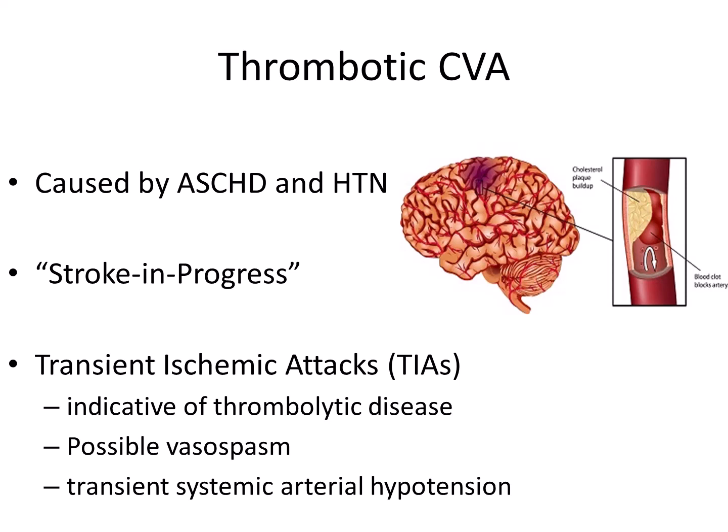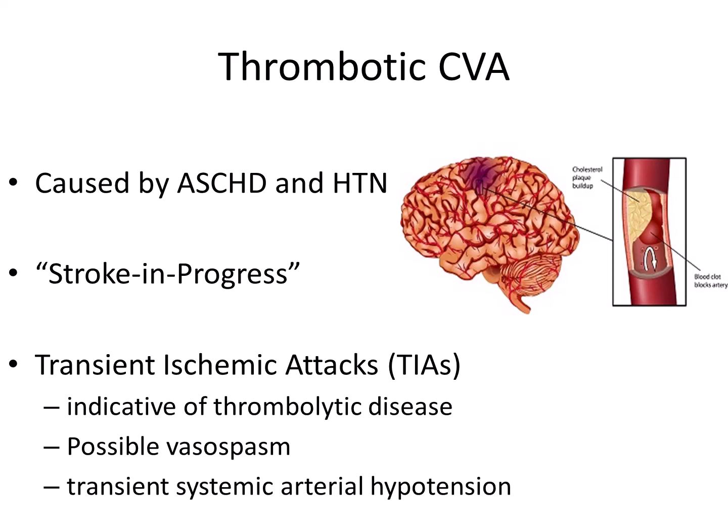Okay, another kind of thrombotic or ischemic CVA is known as a TIA. Okay, and this is known as a transient ischemic attack. And this is kind of like a mini stroke. Okay, it's similar to the stroke in progress, but the symptoms of the stroke are only there for less than 24 hours. Okay, a patient might present with something and that just goes away over time.